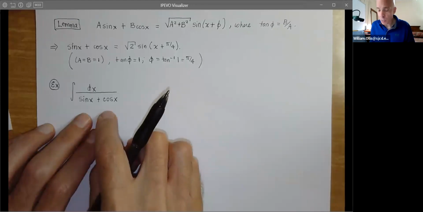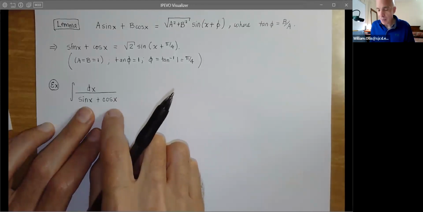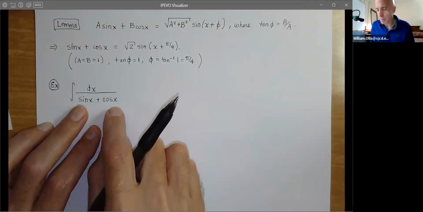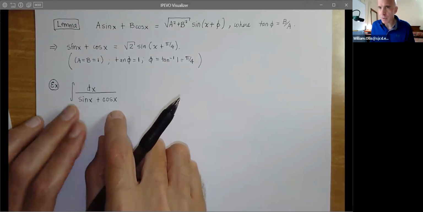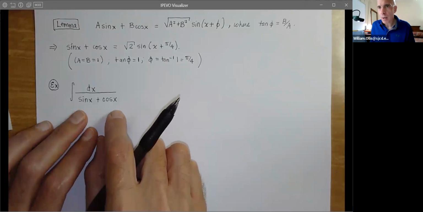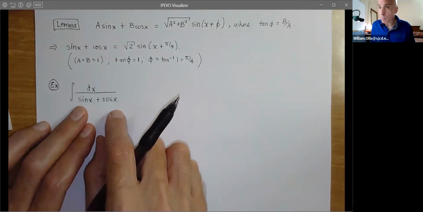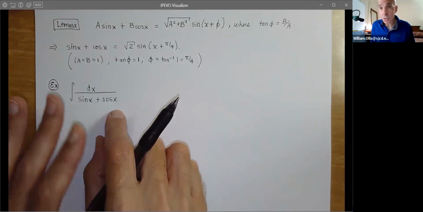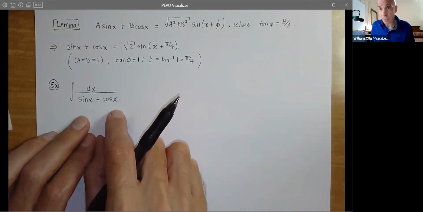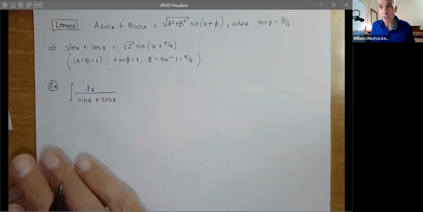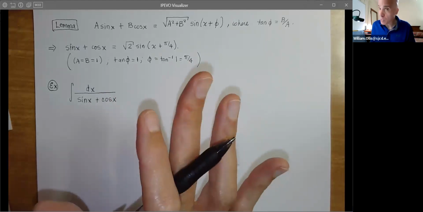If we had this integral, you might say, okay, could I try the conjugate method here, do sine minus cosine, and then you get sine squared minus cosine squared, which is the negative of the double angle formula for cosine. And then you think, okay, that might be a way to do it, but I may not end up with some really simple integrals that I can do because the arguments are different. So that might end up being a little more difficult than you want, but it would be a possibility.